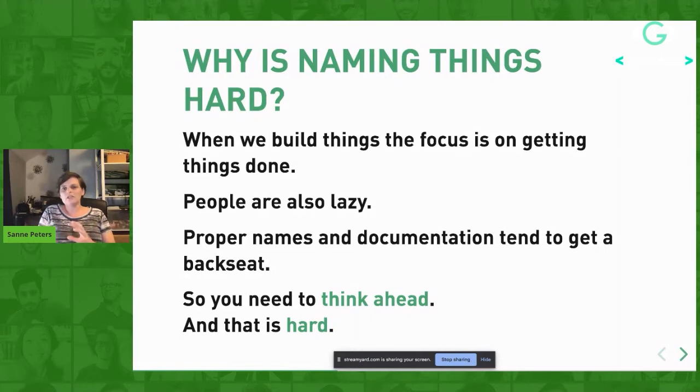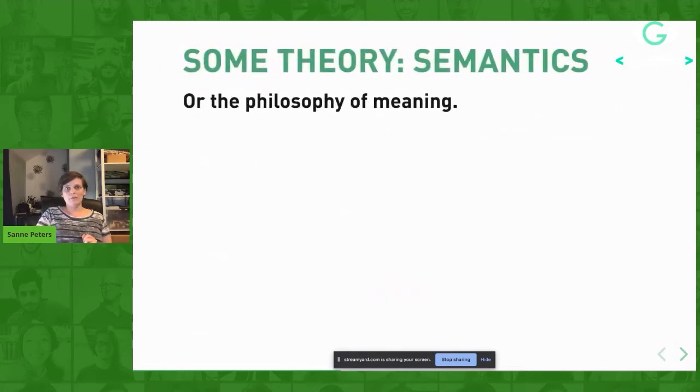There are tricks you can use, and one of them is actually the field of semantics. So with that in mind, we're going to dive into a little bit of theory so you can get a little bit of a start in the way of thinking. Semantics is actually the philosophy of meaning.